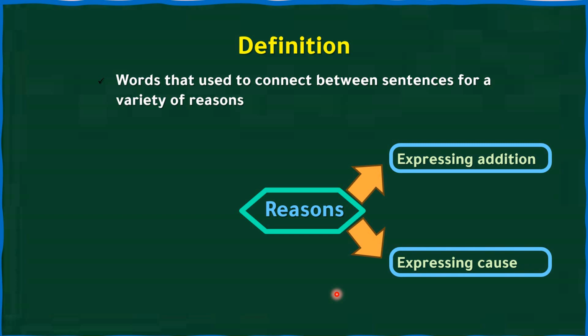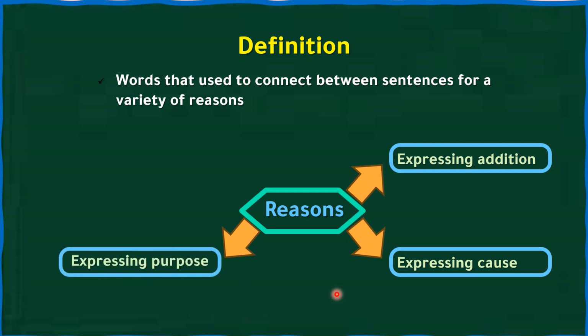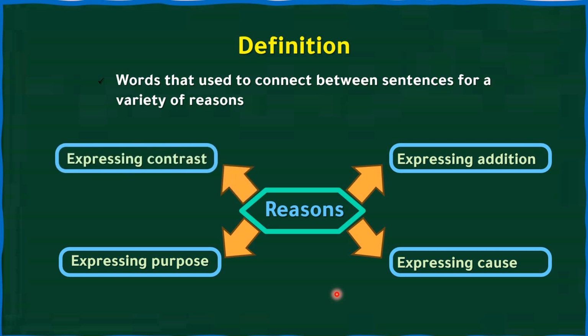Or they can express purpose, le but en français, الهدف بالعربية. Or they can express what? Contrast, l'opposition en français, بالعربية التضاد أو يعني إلا بغيتي تقول الاختلاف، جملتين مختلفتين.